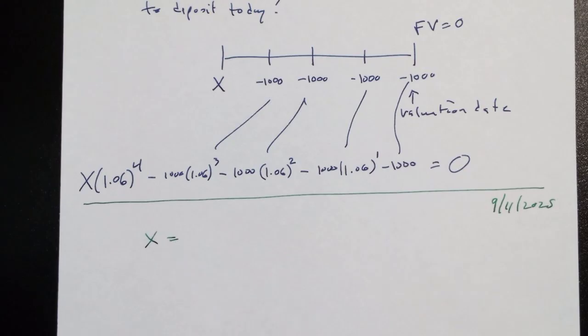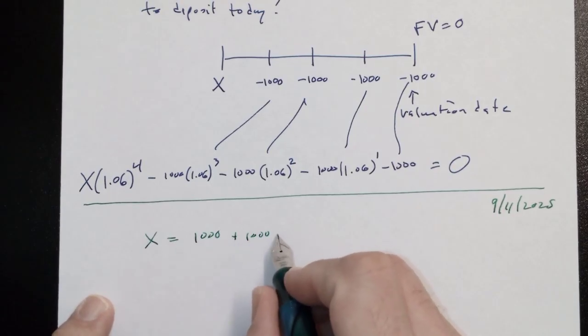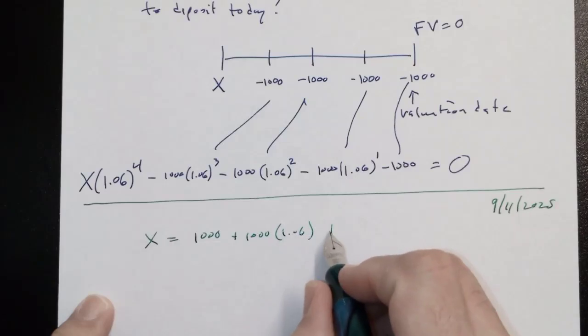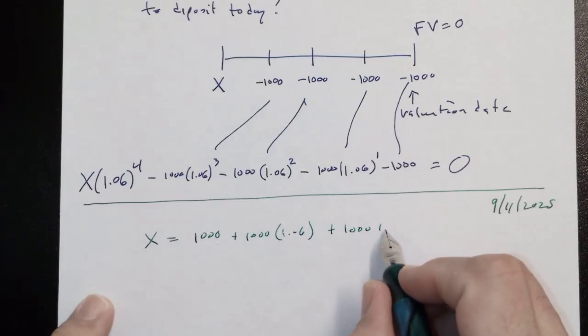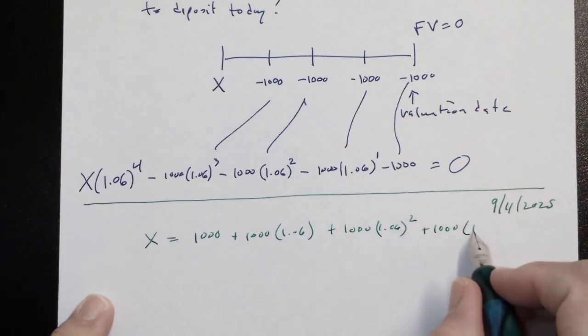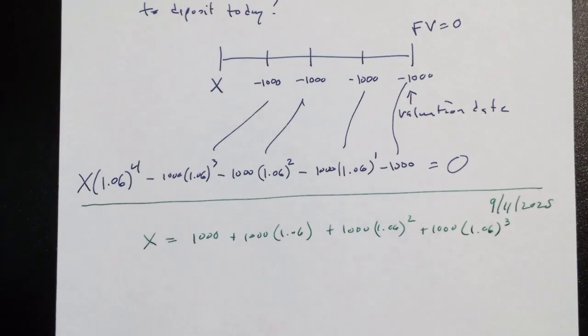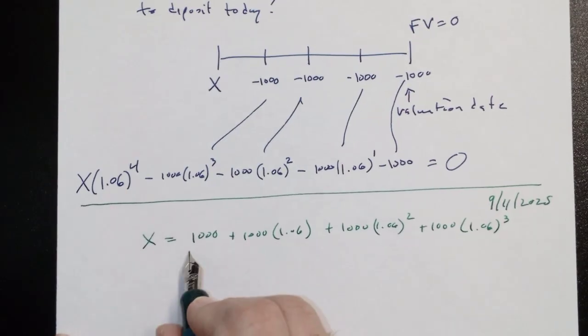If I move all of the thousands over to the other side, I then have to divide by the 1.06 to the fourth here.